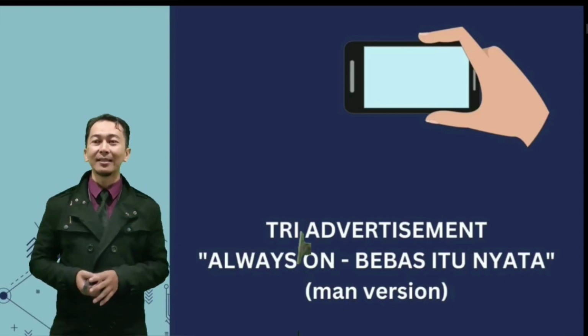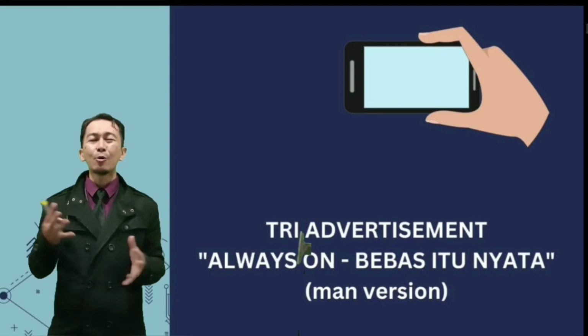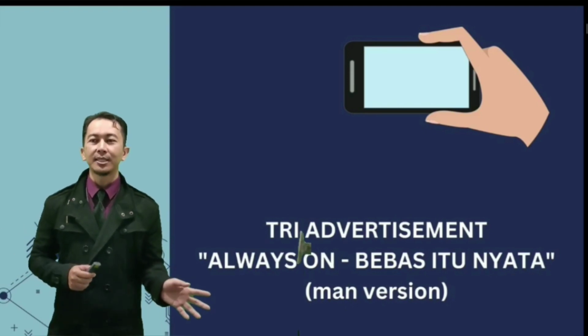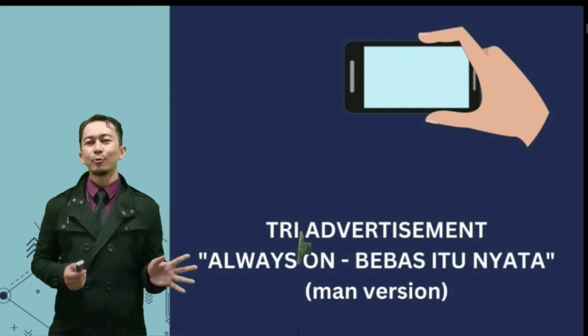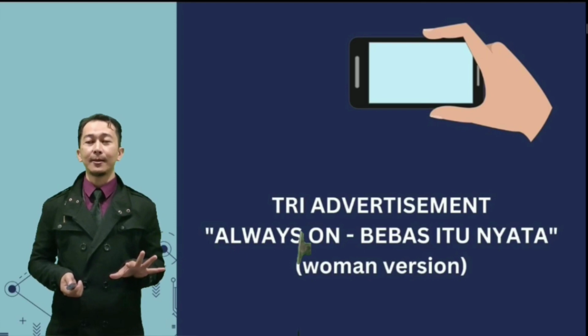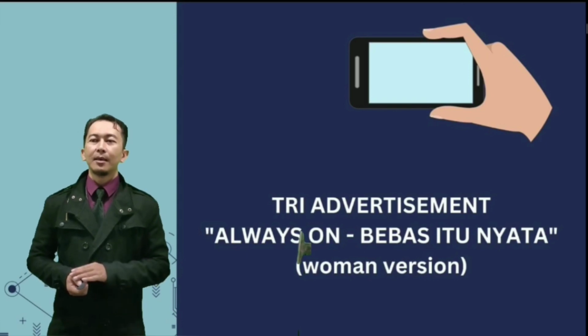But in Three, bebas itu nyata. Nyata means this is not bound to the time. This is the men version, and also in Three we have the woman version. So you can see the men version and the woman version in the Three advertisement.